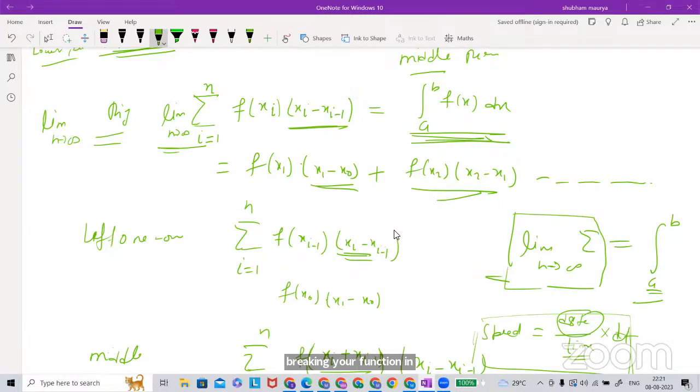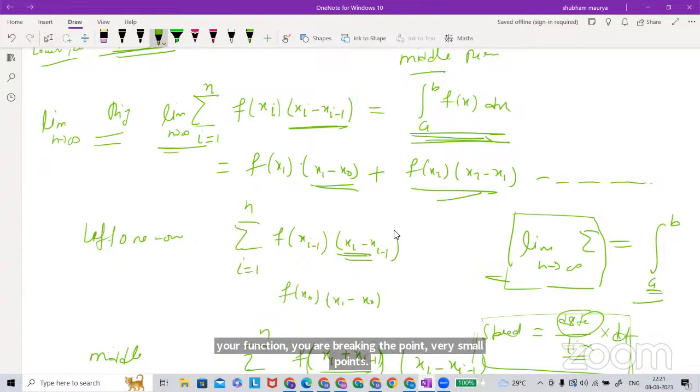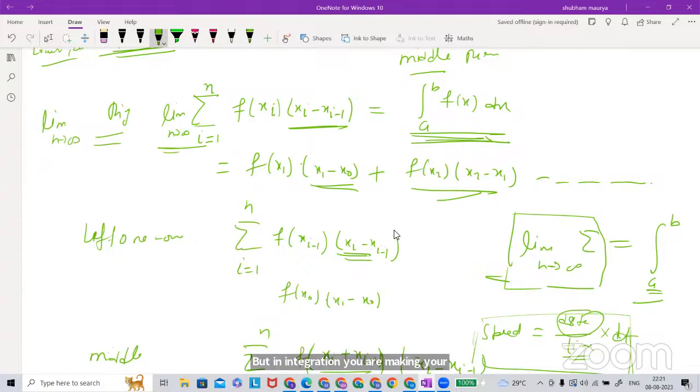Area will come only in integration. In integration, under whatever curve is there, you break that area into small areas and sum them all.